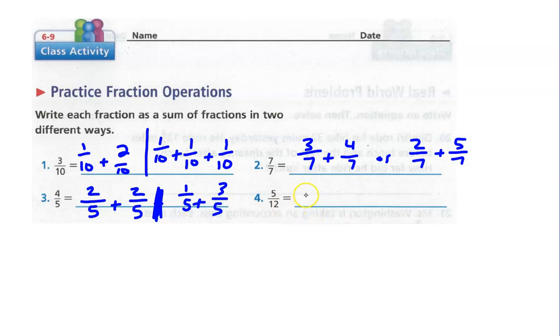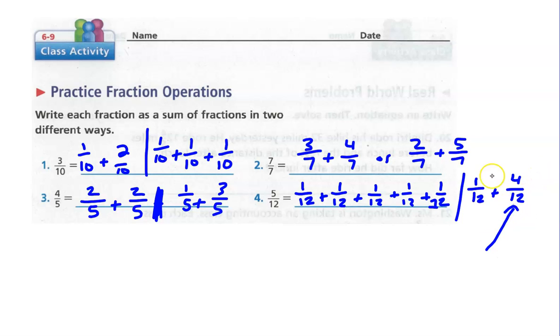And then for number 4, you could go crazy and do 5 groups of 1/12, or you could do like 1/12 plus 4/12. All that matters is that your denominator stays the same and your numerator is just splitting apart the 5 that you started with.